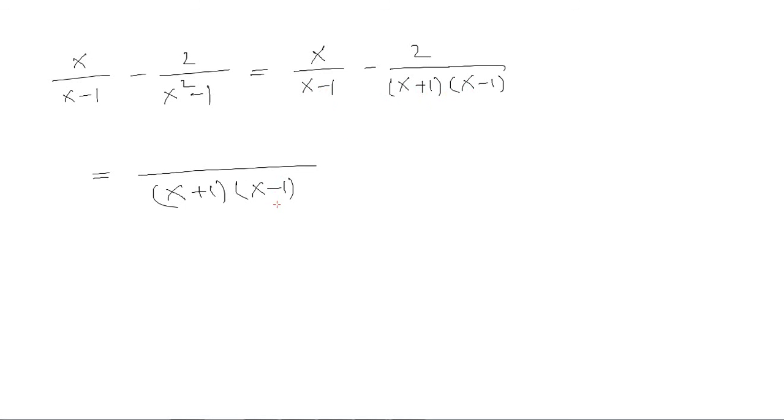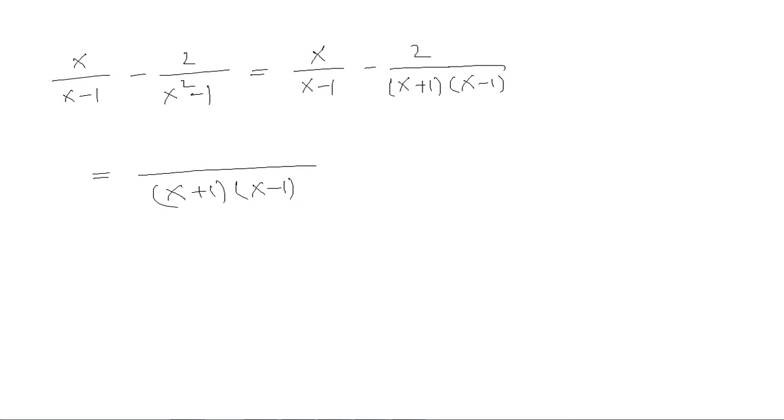So the way you make the least common denominator is that it must contain all the factors present in all the denominators with their highest powers. So I will give you another example to explain that, but for now this is my least common denominator.